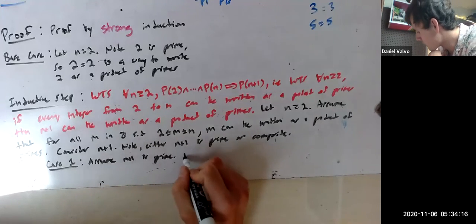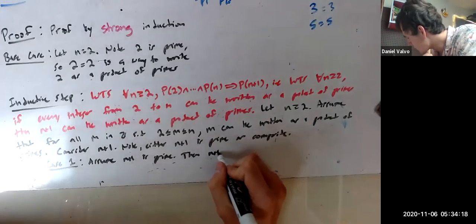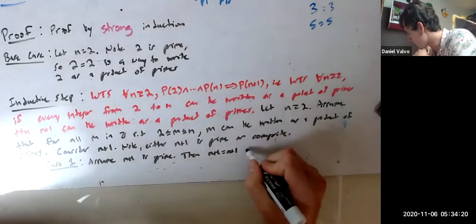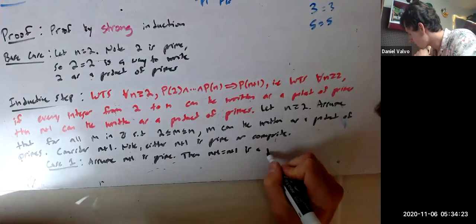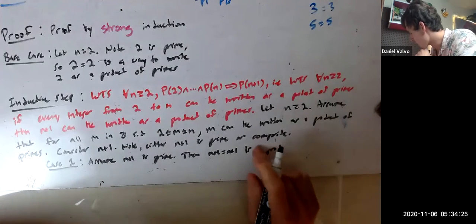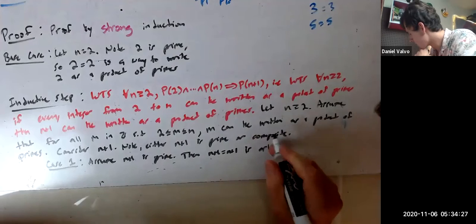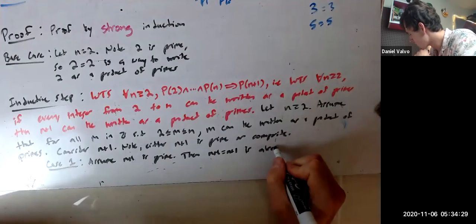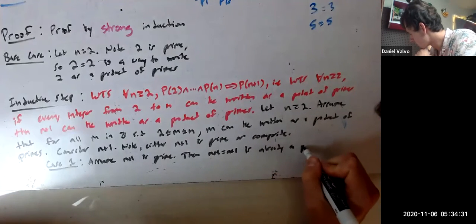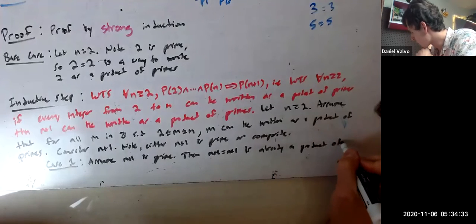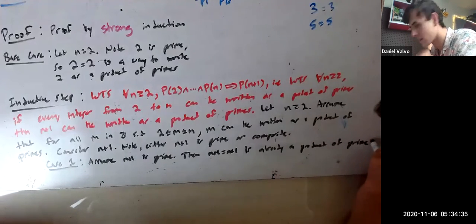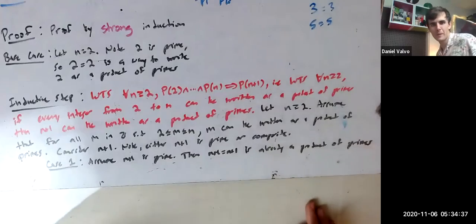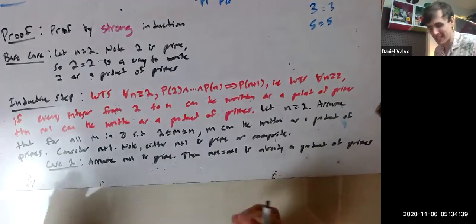Then n+1, which equals n+1, is already a product of primes. That's the easy case.